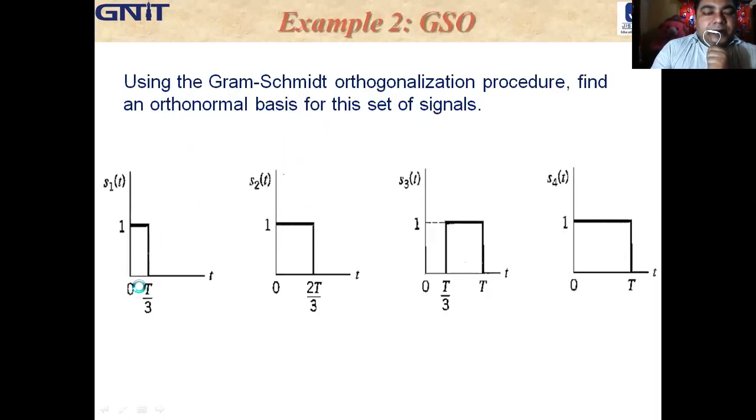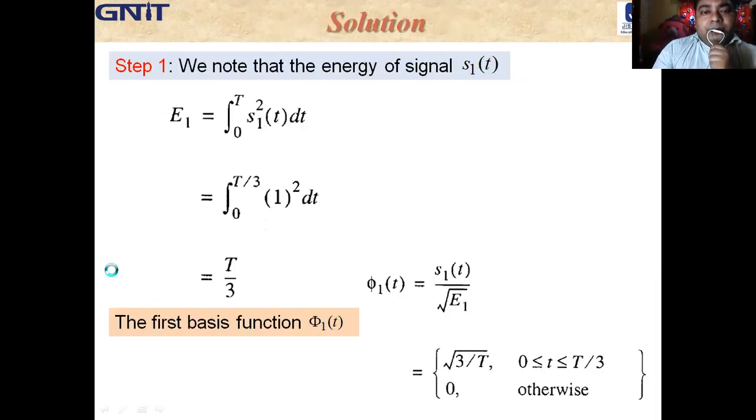The time period of signal S1(t) is 0 to T by 3. So the limit of the integration will be 0 to T by 3, and the amplitude is 1 unit. So it is the integration from 0 to T by 3 of 1 square dt, and it is T by 3.